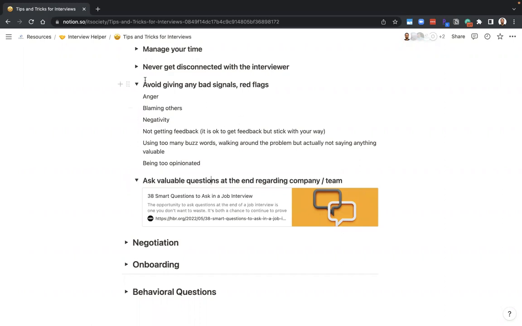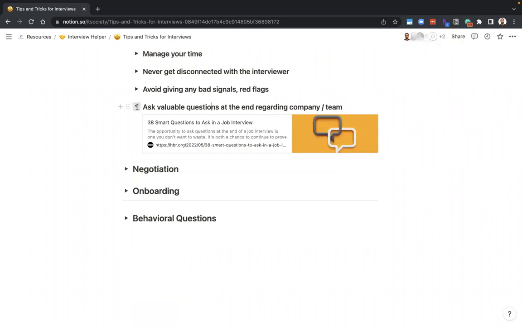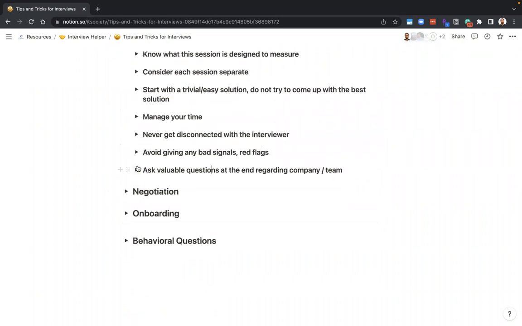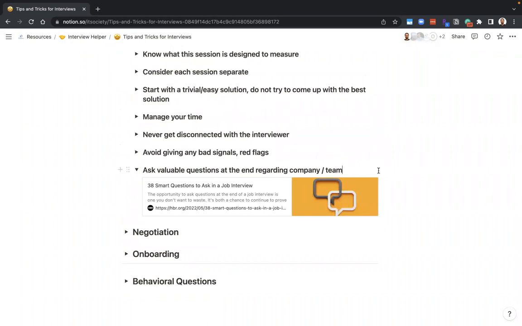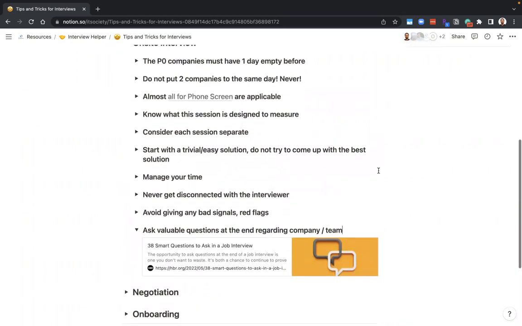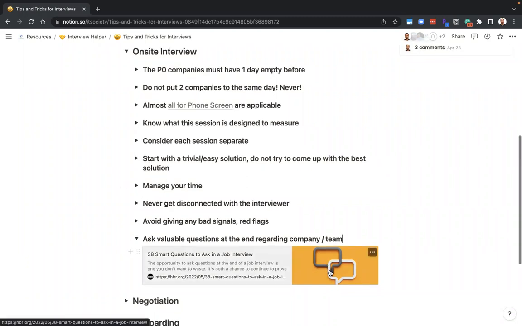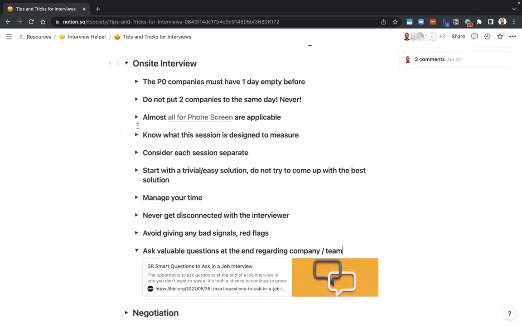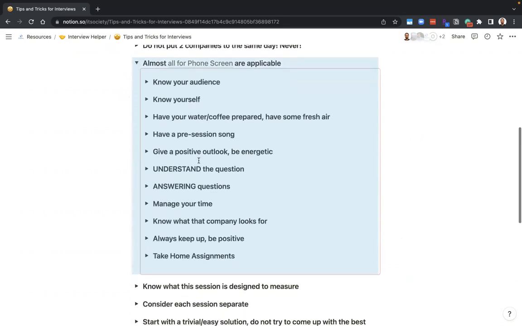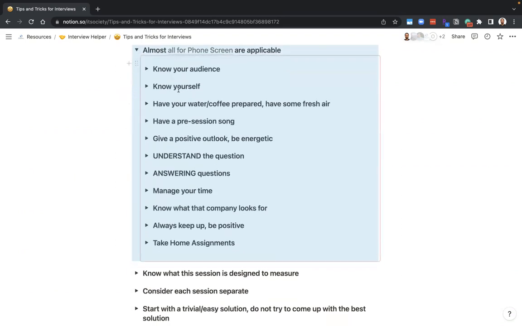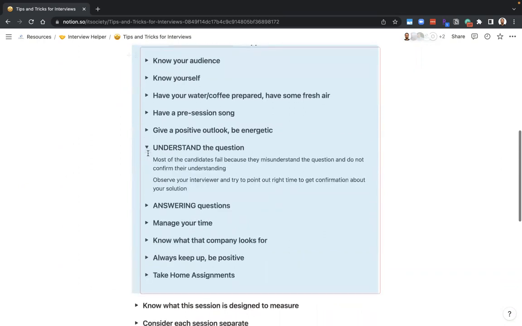Anyone wants to add anything? Since you mentioned asking questions, I'm not sure we touched on this, but at the beginning, when you are asked the question, this is valid for both coding and system design, but maybe more important on the system design side: in order to understand the question very well, you should be asking clarifying questions, lots of questions, and rephrase the explanation of the interviewer, because maybe you are solving the wrong question.